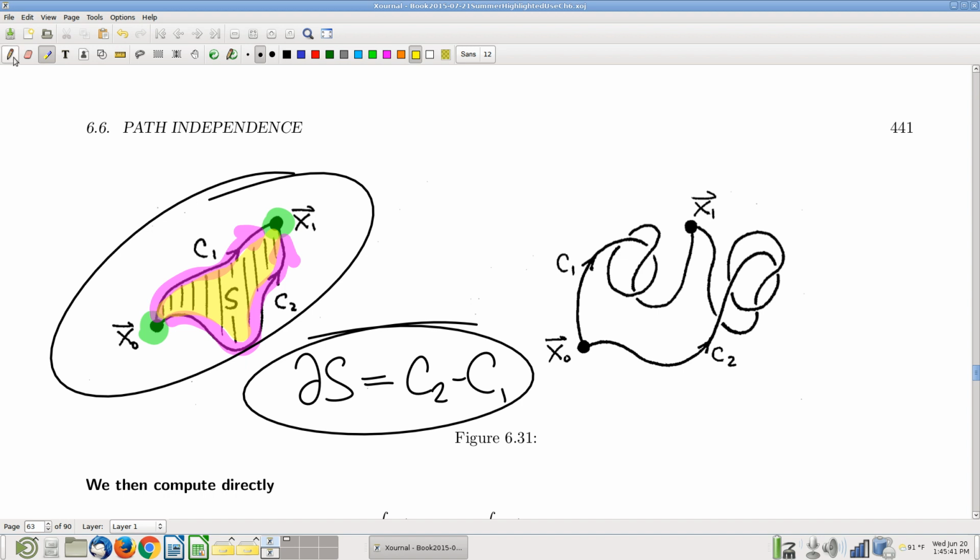Come to think of it, I really should have an orientation vector on the surface, and I'm going to say that the surface is oriented like that, coming out of the page, if you will, and then the right-hand rule means we go that way. Yeah, you're right, I did need to have an orientation vector on there. It's an arbitrary picture, so it ends up not mattering, but you got a good point.